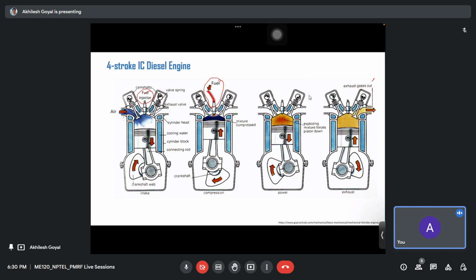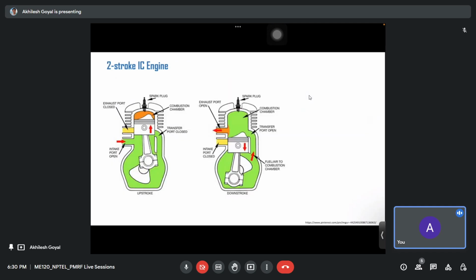Okay, so these are the basic differences between SI engine and CI engine. Now how a two stroke engine works, that we will see in the next slide.